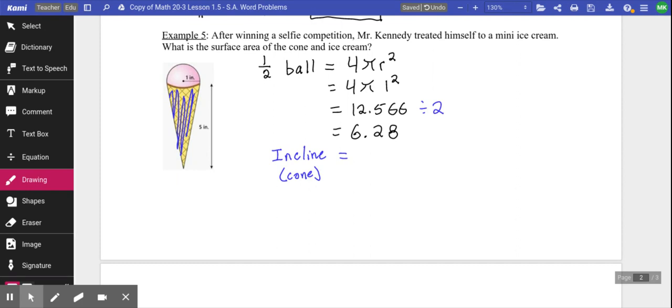So that tells you how to do the circle on the top and the cone part. You need to not do the circle part. So when you're looking at your formula for a cone, it tells you the surface area is pi r squared plus pi rs. The pi rs is the part you want. The pi r squared is the circle on top.